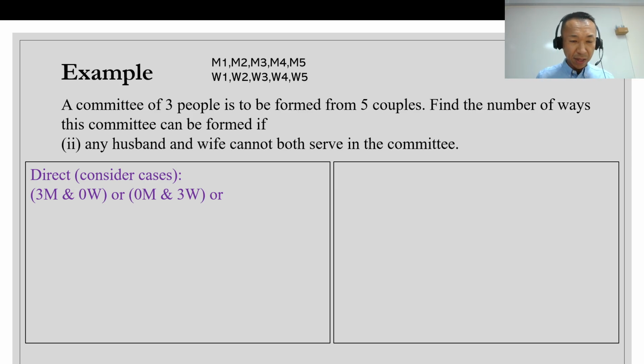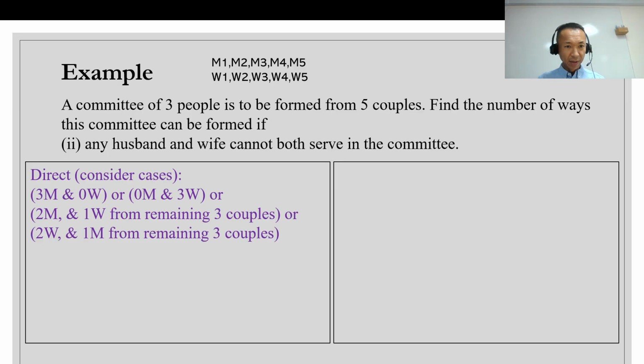The moment I pick 3 men, no question, there cannot be a couple. But if I pick 2 men and 1 woman, this woman must be from the other 3 remaining couples. You cannot pick any woman who is the wife of these men. Similarly, if I pick 2 women, then 1 man must be from the remaining couples.